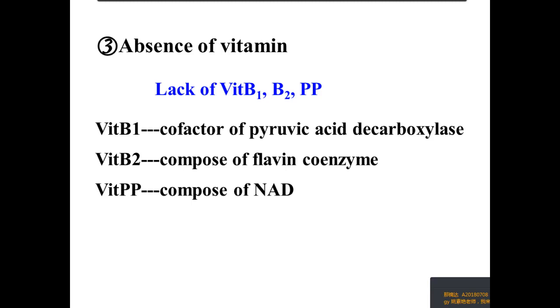Vitamin B1 is a cofactor of pyruvic acid decarboxylase, so a lack leads to decreased ATP production. Vitamin B2 is a component of flavin, and vitamin PP is a component of NAD.